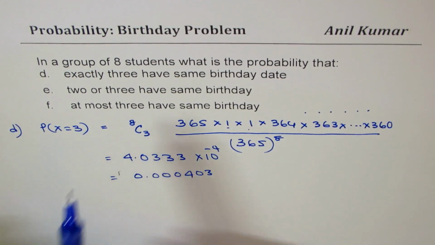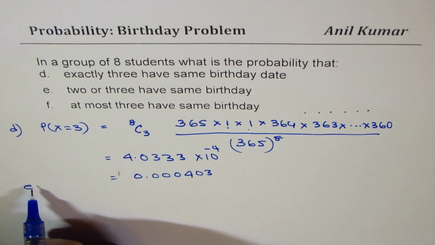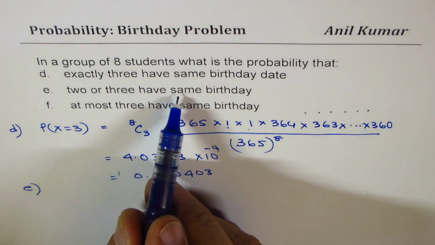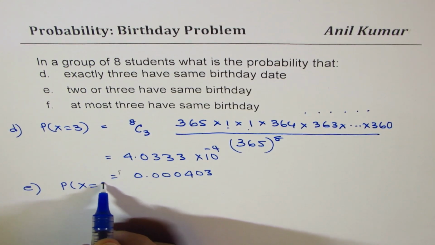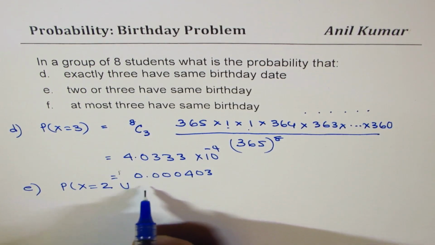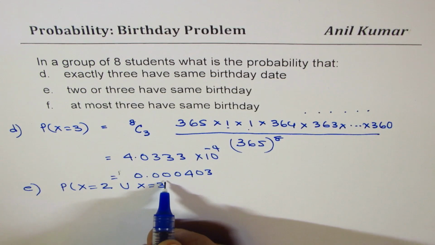So that becomes the solution for exactly 3. Now E is 2 or 3 have the same birthday, right? So it is probability when x is equal to 2 or 3, meaning x equals 2 union x equals 3, correct?